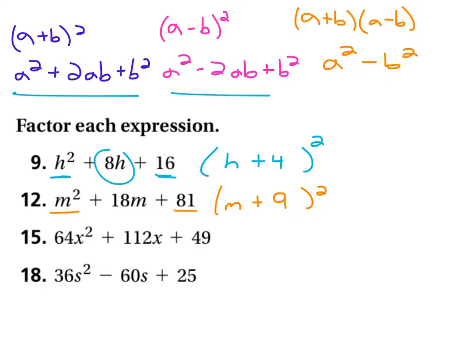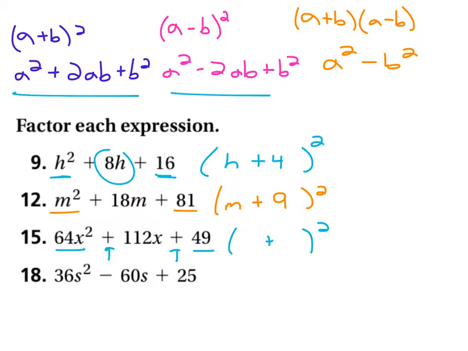Let's keep going. We've got a perfect square in the front, a perfect square in the back, and we've got a positive number here. So we think it's something squared, and we look here to see what the sign is. Since the middle term is positive, we're going to say that's positive.